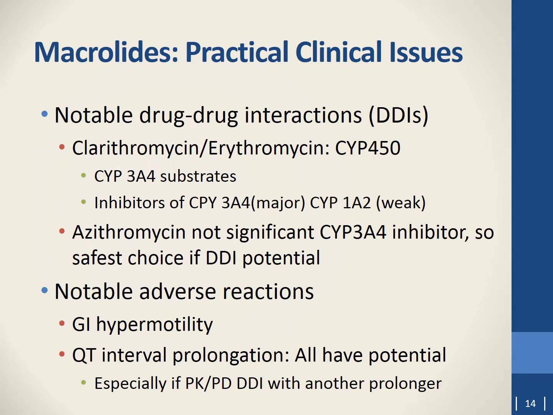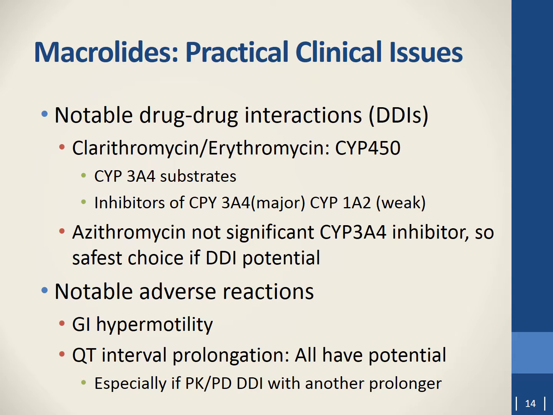In terms of the cardiac side, again, you'll see that QT interval prolongation shows up here like it did with the fluoroquinolone class. All of these agents have the potential to cause QT interval prolongation. The risk is especially high if there is a drug-drug interaction based on CYP450 and patients are taking concomitant QT prolongers with these agents.